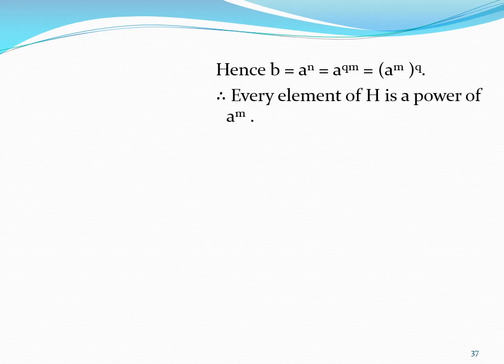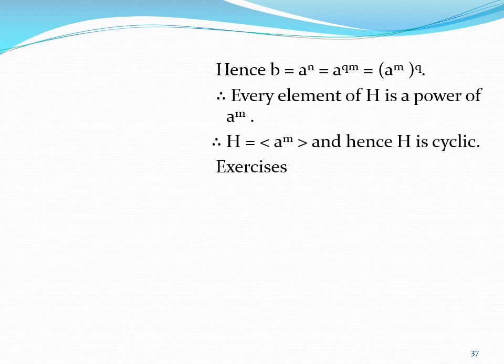Therefore n equals mq only. So b equals a to the power n equals a to the power mq, that is equal to a to the power m whole to the power q. Therefore every element of H is a power of a to the power m. That means H equals the group generated by a to the power m, and hence H is cyclic.